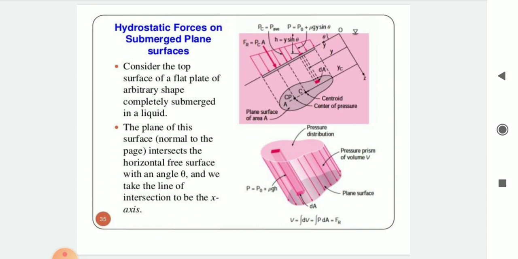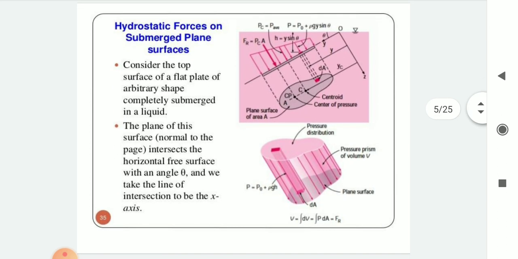In the figure below, the pressure distribution has been shown, the pressure prism of volume V and the plane surface, and the different pressures. The plane of this surface, normal to the page, intersects the horizontal free surface with an angle theta, and we take the line of intersection to be the x-axis.